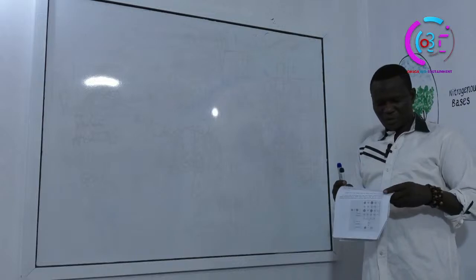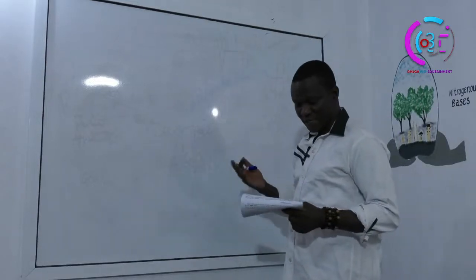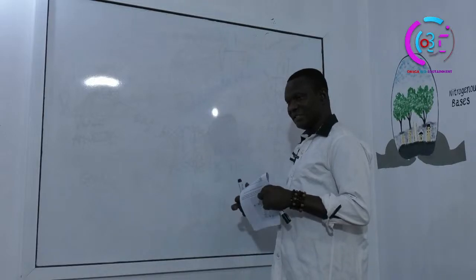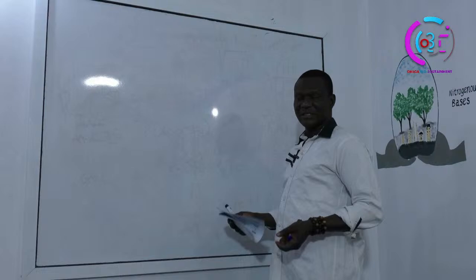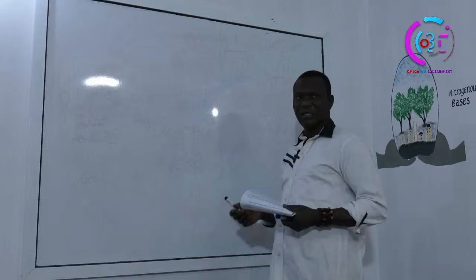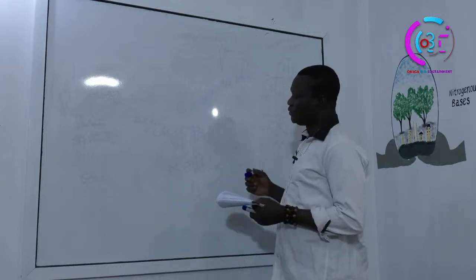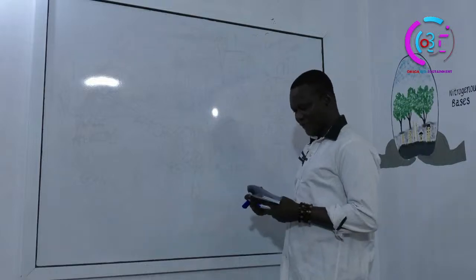Okay. So the question says, consider a cross. Don't forget that I told you genetics is like mathematics. If you cannot interpret the question correctly, you might have a problem. So the more you need to understand and get the question correctly first.